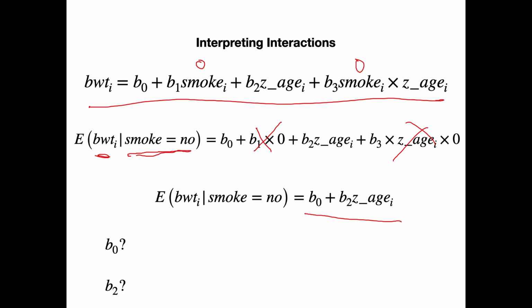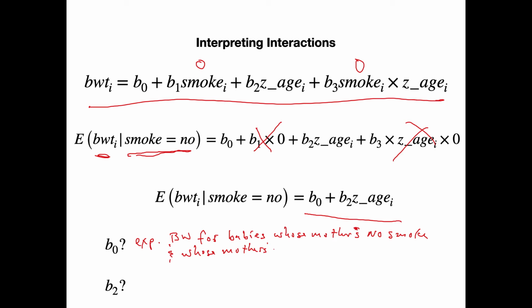Okay, so let's think through what these terms mean. B0 is the expected birth weight for babies whose mothers did not smoke and whose mothers were at the average age.